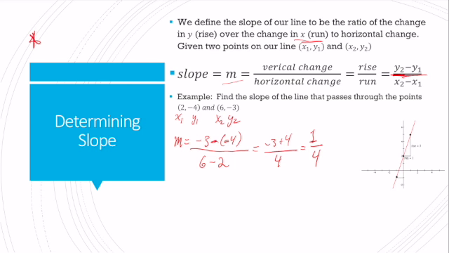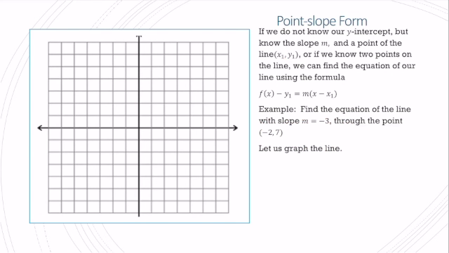In this case, remember, slope can be negative, slope can be positive, it can be fractions, it can be 0, it can be undefined. If we don't know our y-intercept, we can't put our equation in y equals mx plus b form. This is called slope-intercept form. It's a great form because from looking at our equation, we'll know how to graph it.